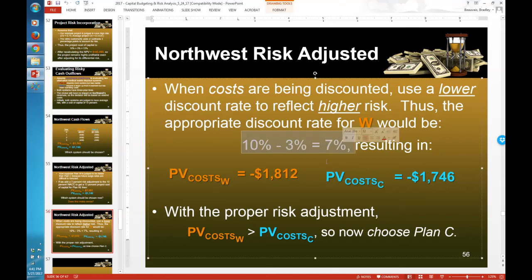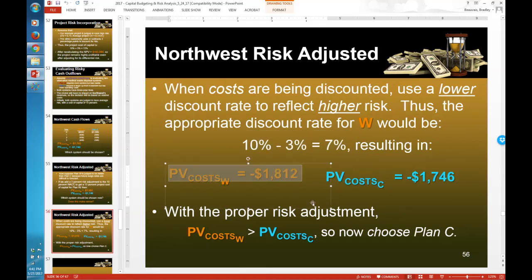In this case, we reduce our discount rate by 3%, which gives us a more logical outcome with respect to what that W project actually is on a net present value basis. After we adjust for risk using 7%, redo our net present value, we understand that now we've got a dollar value that's further away from 0, and as a result is probably not the project that we want to pursue in consideration of what Project C is doing.